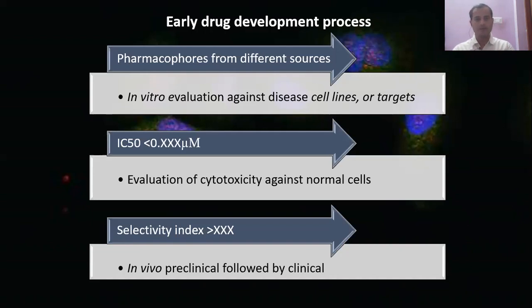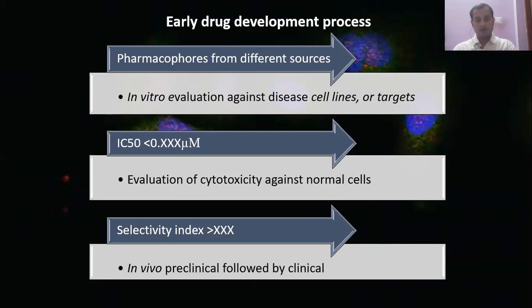For example, if you are working on breast cancer, you take some breast cancer cell line, or directly some enzyme or particular target of that disease. Then you determine its efficacy by calculating IC50 data. IC50 means the concentration at which there is 50% inhibition.